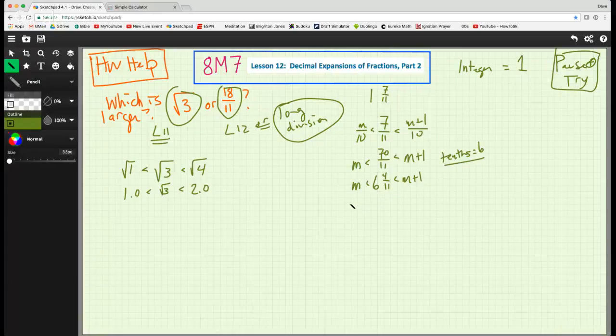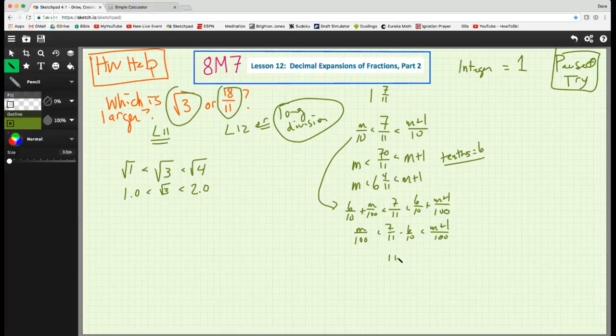Okay, so 6 over 10 plus m over 100 is less than 7 over 11 is less than 6 over 10 plus m plus 1 over 10. Okay, subtract 6/10 from everywhere. M over 100 is less than 7/11 minus 6/10 is less than m plus 1 over 100.